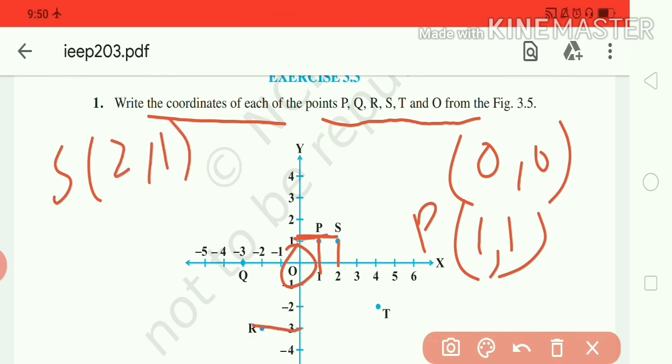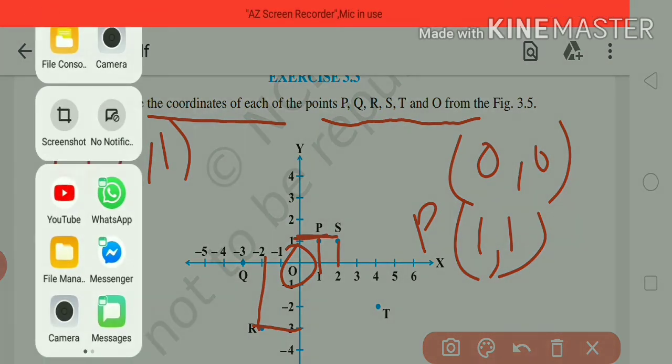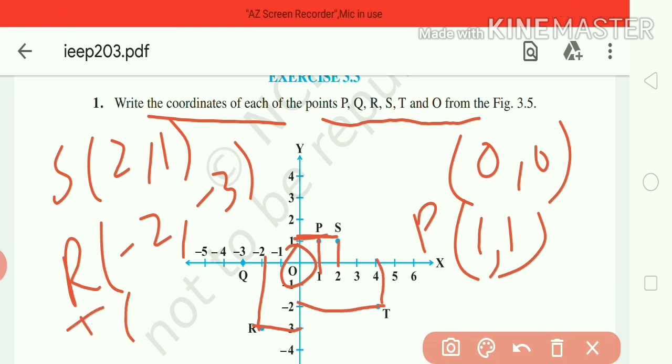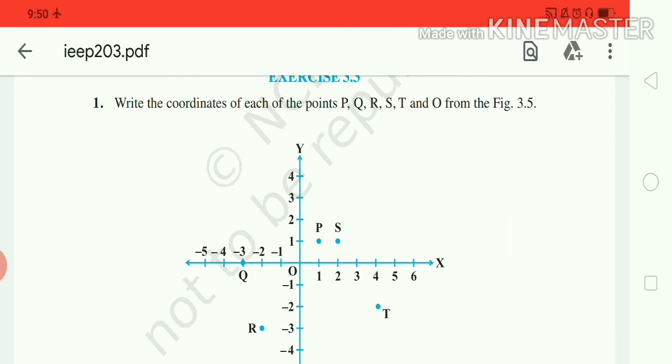Now see R, this is minus 2 at x and minus 3 at y. So coordinates of T here, x is 4 and y is minus 2, right? So we have written all the coordinates.